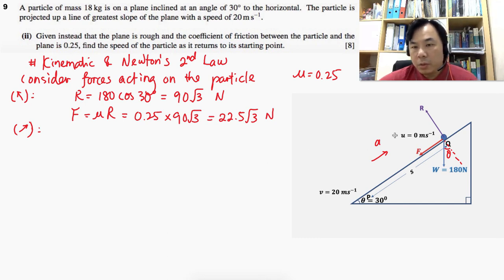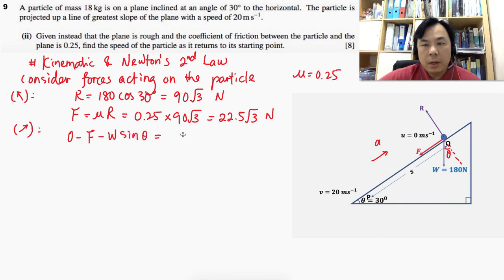So the acceleration will be here. Now by applying Newton's second law, I will have 0 minus the frictional force, and then also the weight component, which is sine theta, and that must produce an acceleration. So I'm going to substitute all the values that I have.